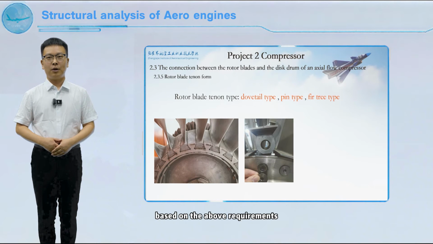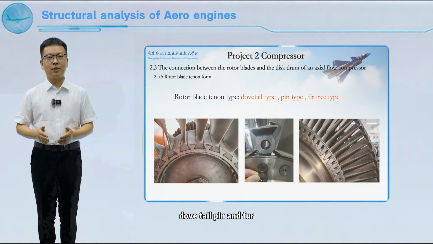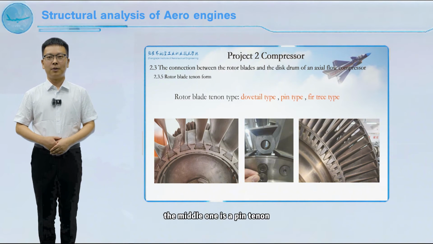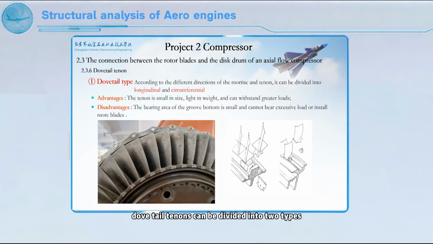Based on the above requirements, the tenons of compressor rotor blades usually have three types: dovetail, pin, and fir tree. As shown in the figure, the first picture is a dovetail tenon, the middle one is a pin tenon, and the last picture is a fir tree tenon. Dovetail tenons can be divided into two types, longitudinal and circumferential, depending on the direction of the tenon groove.